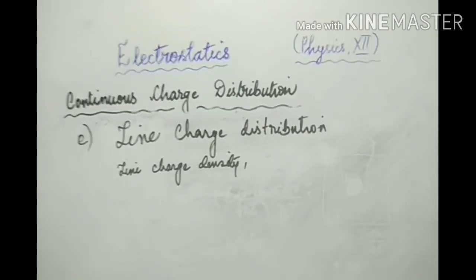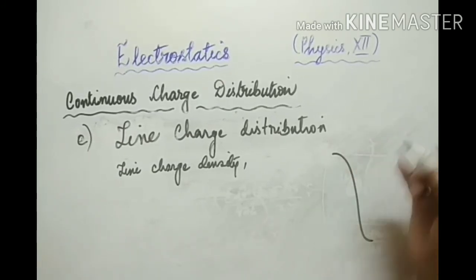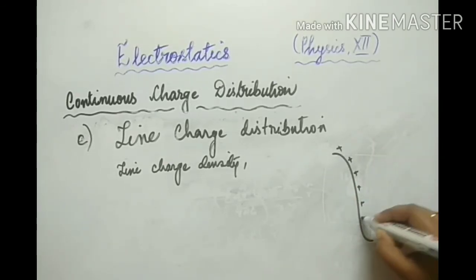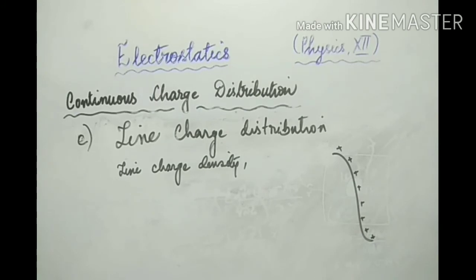Third case is line charge density. Here we calculate the charge distribution along a one-dimensional curve. It looks like a line, and here charge is distributed over a line.